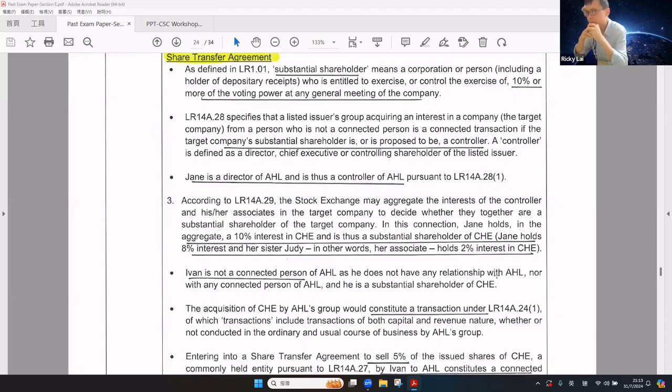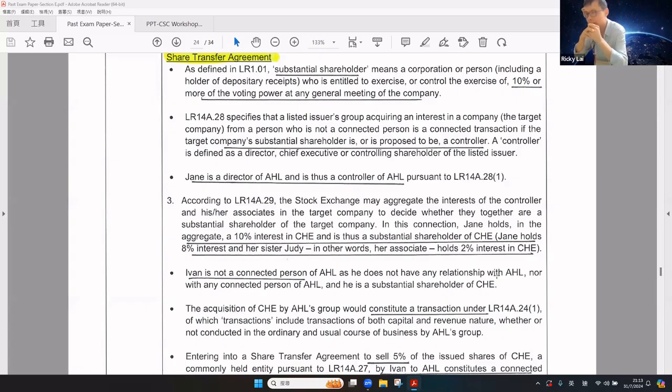According to the listing rules, a substantial shareholder means any corporation or person who can control 10% or more of the voting power at any general meeting of the company. The rule specifies that a listed company group acquiring an interest in a target company that is not a connected person is a CT, if the target company's substantial shareholder is or is proposed to be a controller.